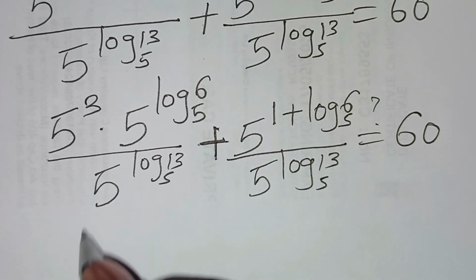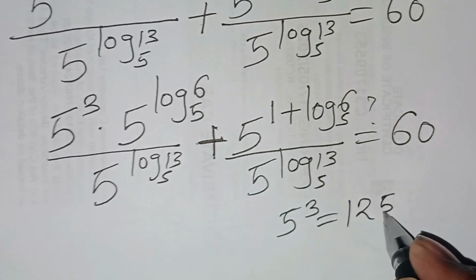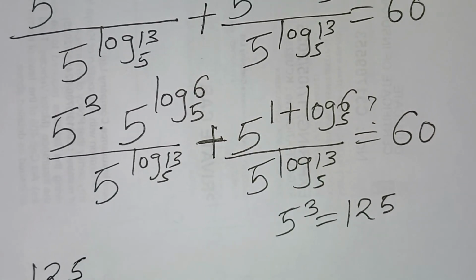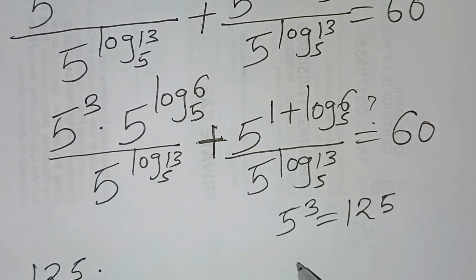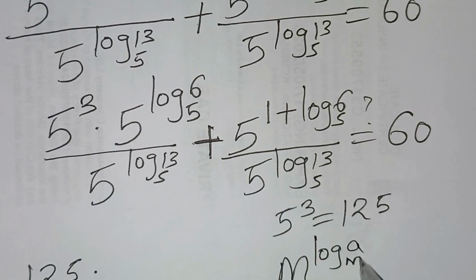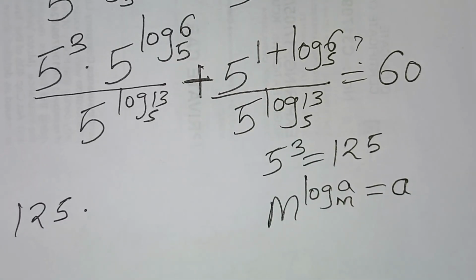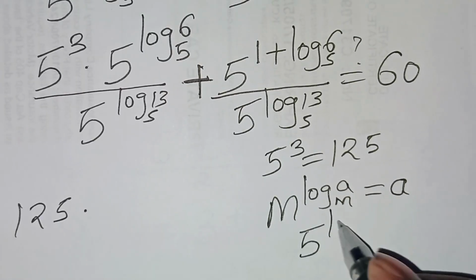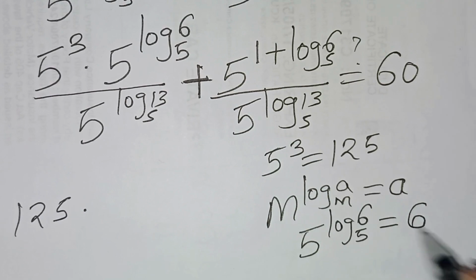5 to power 3 is equal to 125. So here we have 125 multiplied by 5 to power log 6 to base 5. This is in the form of m to power log a to base m, which we can express as a. So 5 to power log 6 to base 5 will give us a value of 6.